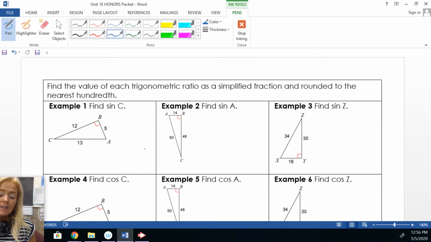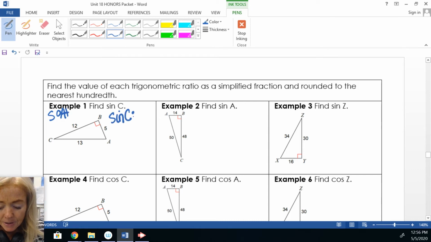2 ratios. So for sine C, now sine, if you can remember, right, opposite over hypotenuse, and you always write sine, then the angle that we're referencing for the 2 sides is opposite, which is, this is C. A lot of times I will highlight it, so I know, well, that's C right there.